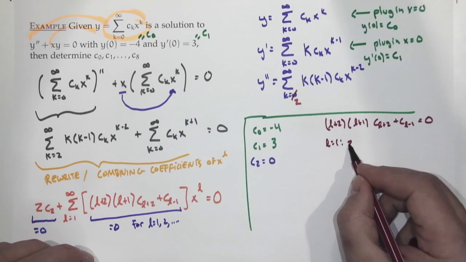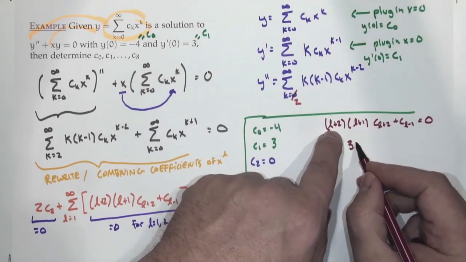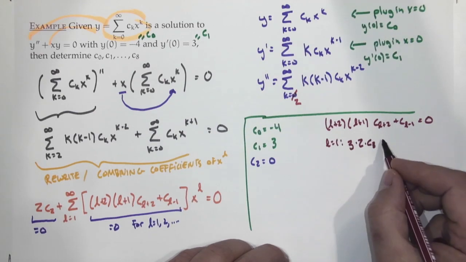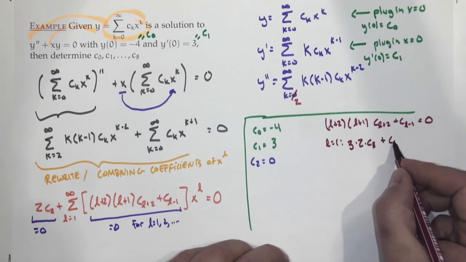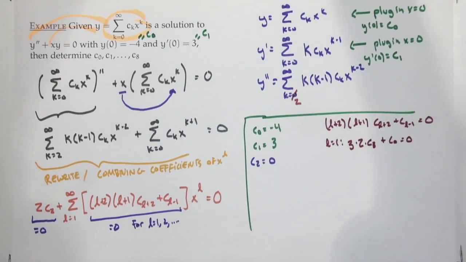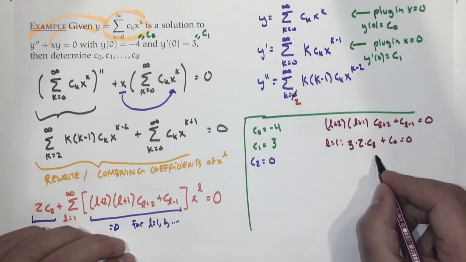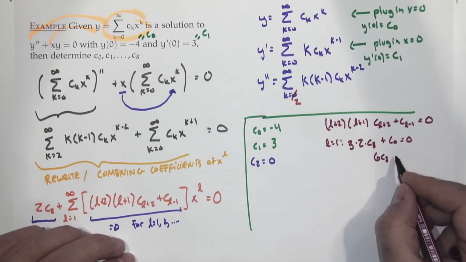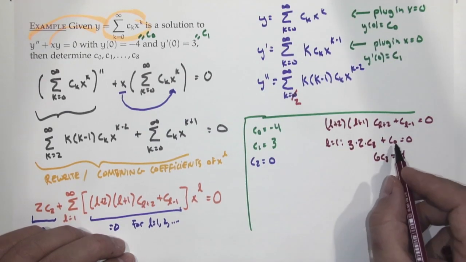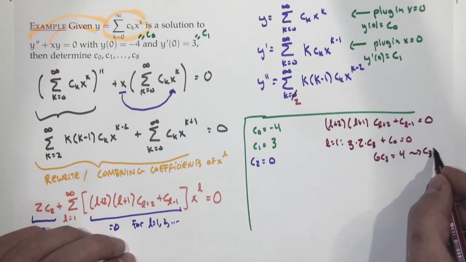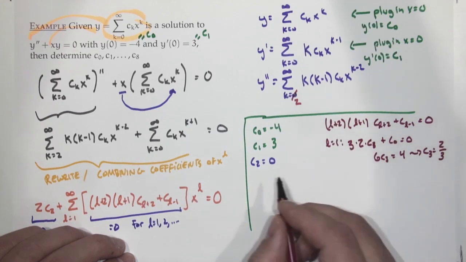We're going to get 3 times 2 times C3 plus C0 equals 0. But what do we know? C0 equals -4. So 6C3 has to equal 4, right? Because -4 comes across. So that tells us C3 is 2/3.